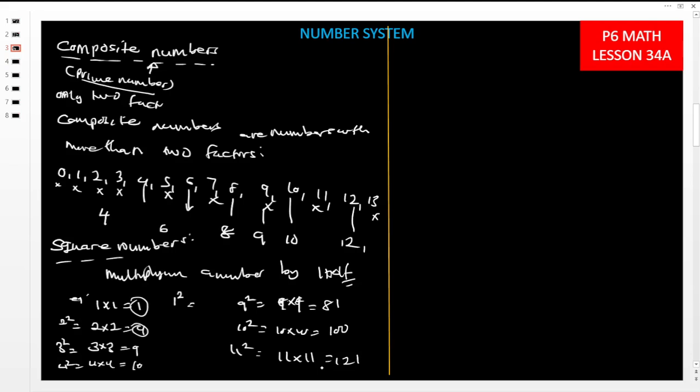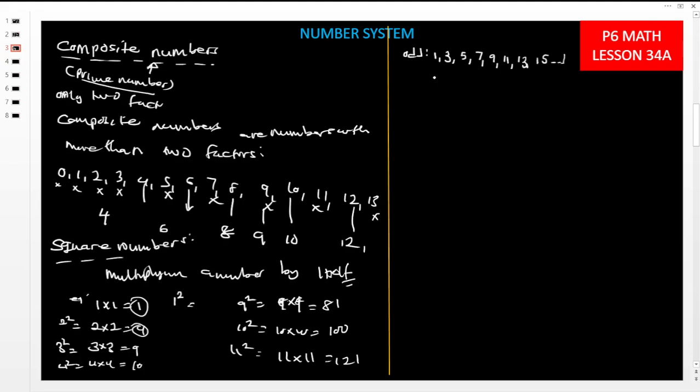Even apart from squaring them like this, we can also get these square numbers by adding consecutive odd numbers from 1. Now let us first get our odd numbers: 1, 3, 5, 7, 9, 11, 13, 15.